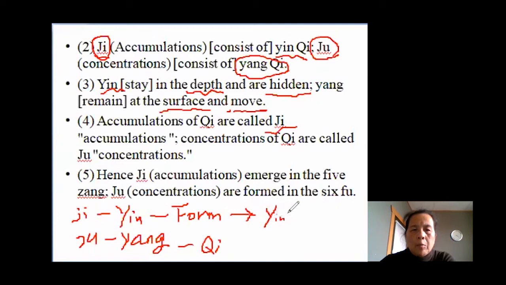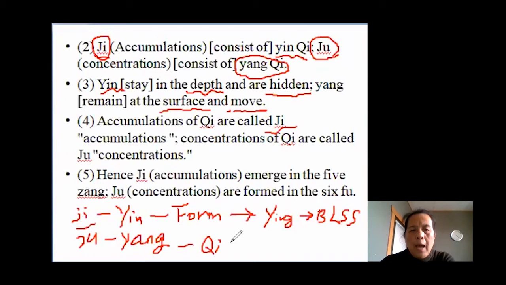Ying qi pushes blood moving. When Ying qi is not moving, certainly the blood is not moving, causing blood stasis. That kind of blood stasis, we can think of as Ji. Ju is the yang kind of qi, and it should be moving around.